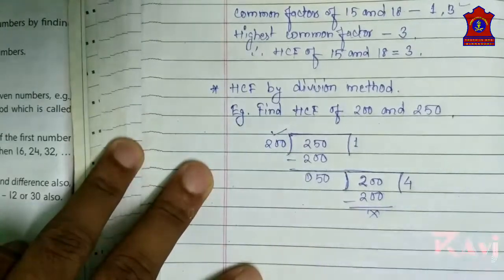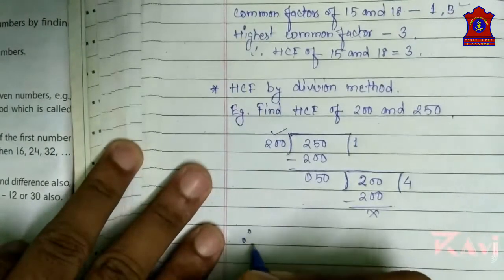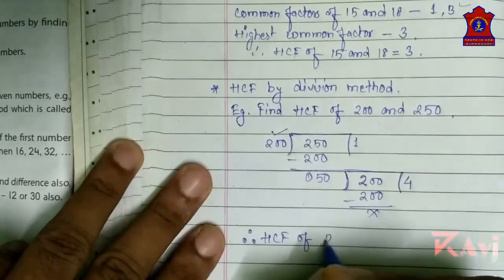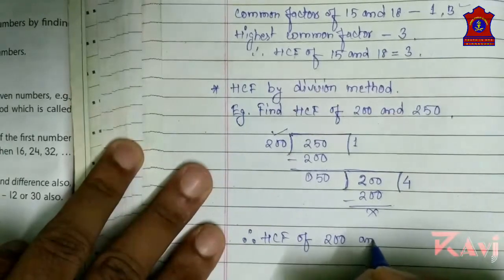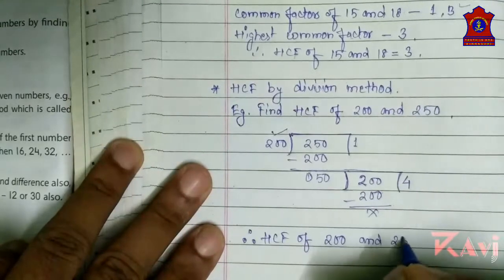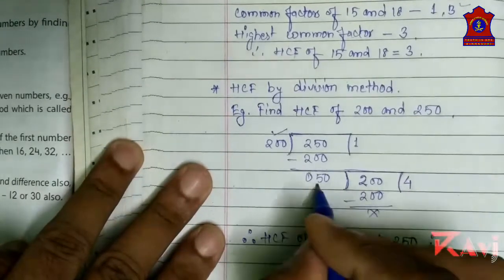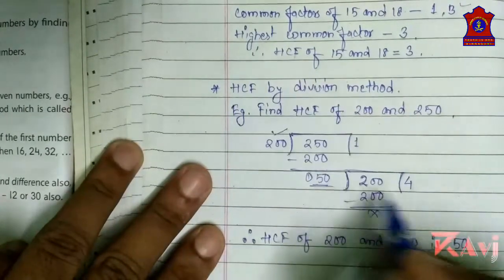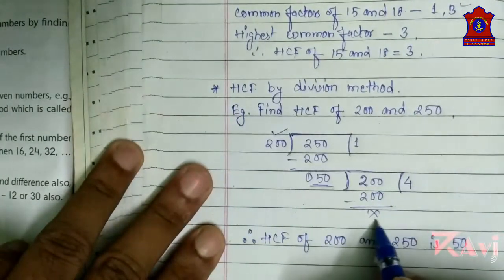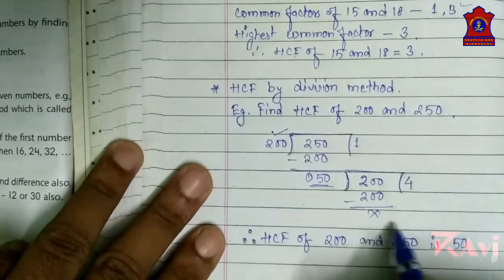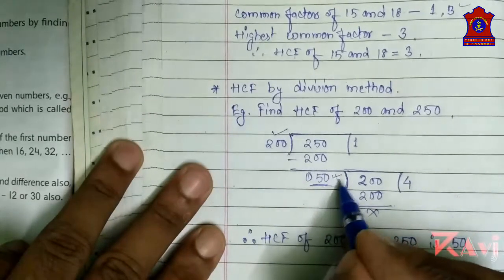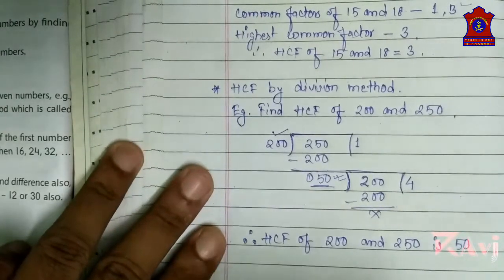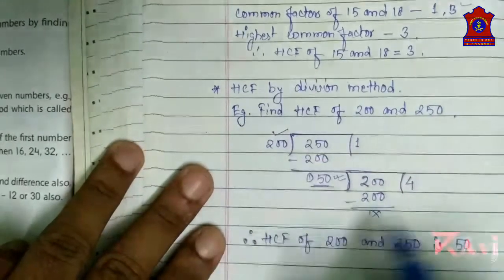See here, all over. Therefore, HCF of 200 and 250 is this number 50, because 50 is the number that divides this exactly. Here you are not finding any remainder. See, so this last divisor which divides the number exactly becomes the HCF. Clear?